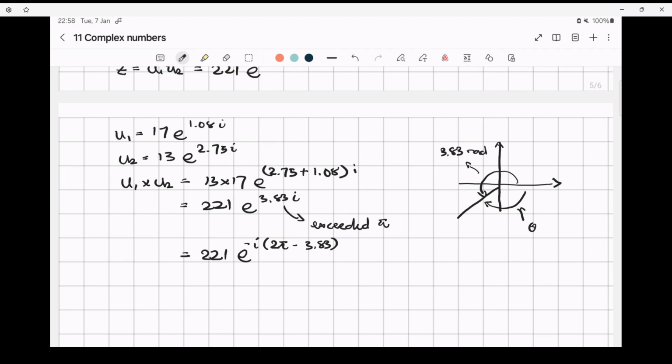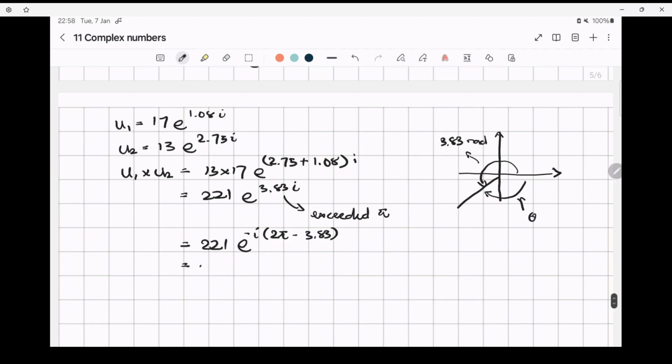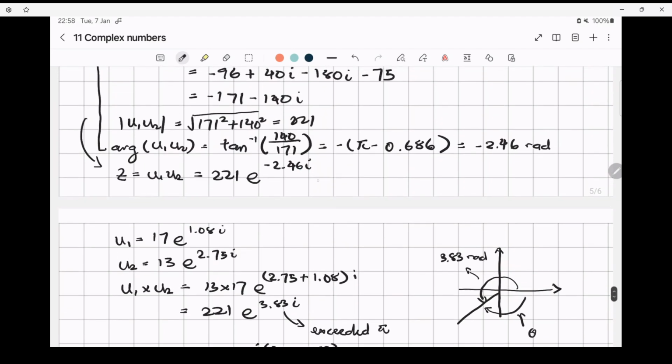So 2 pi minus 3.83. In the end, you will get 221 e to the minus 2.45i. There is some rounding error because I rounded twice, the first one over here, the second one over here. But this is basically the same answer as above.